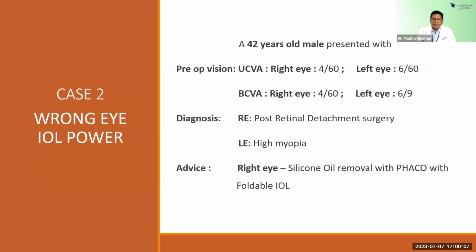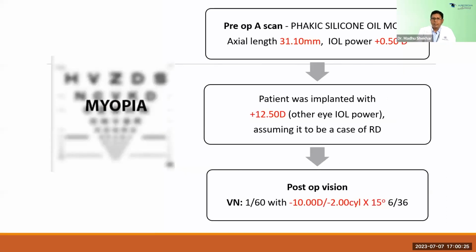This is a second scenario where the patient's diagnosis was right eye post retinal detachment surgery, and both eyes were high myopia. The right eye was posted for silicone oil removal with phaco with foldable IOL. In this case, the phakic A scan was done. Axial length was 31 millimeter and IOL power was plus 0.5 diopter.